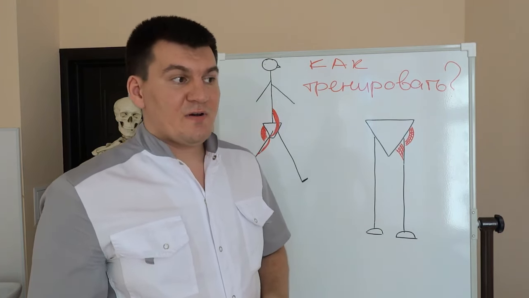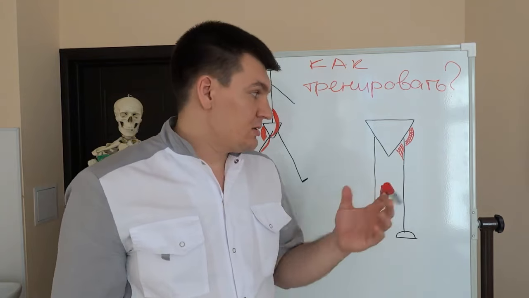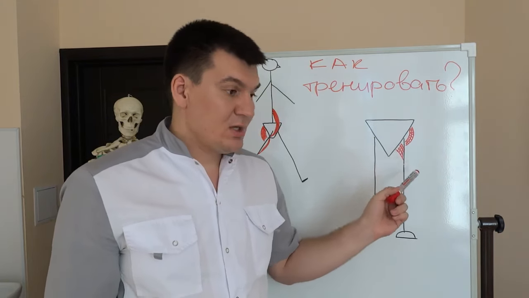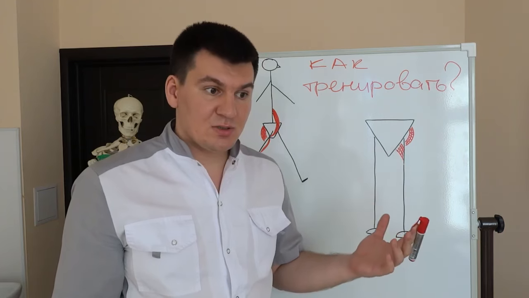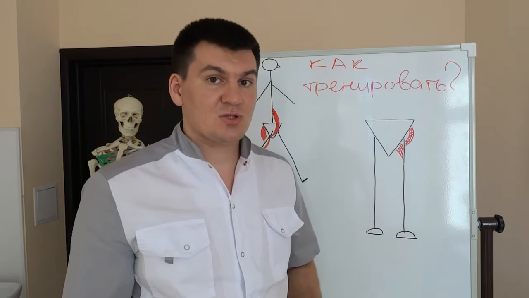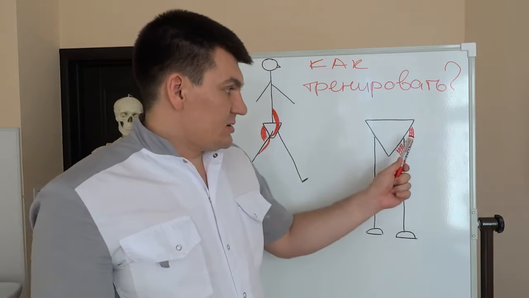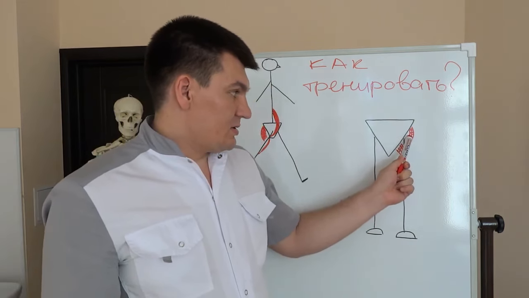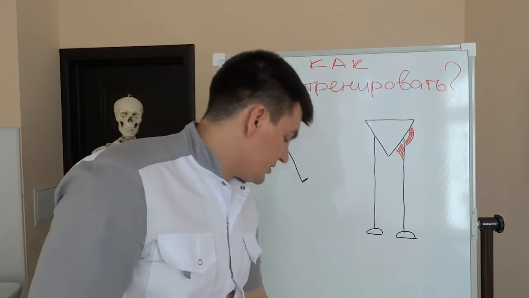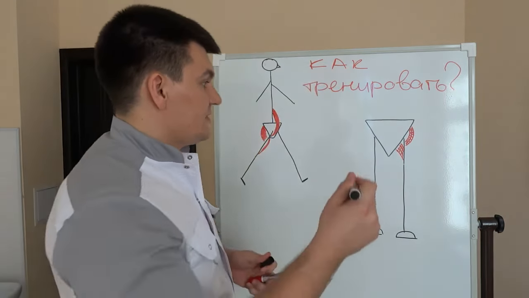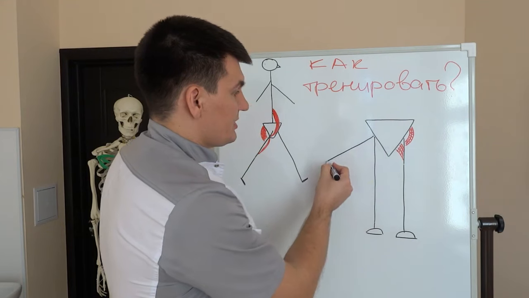When the muscle on the opposite side contracts, this muscle should relax. For example, when the gluteus medius contracts to lift the leg to the side, its opposing muscle relaxes to facilitate this movement.